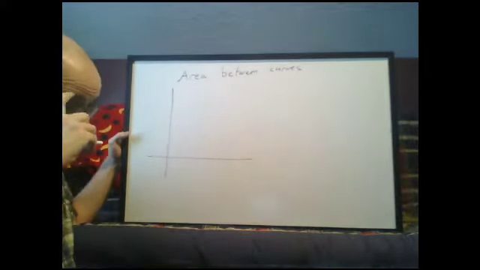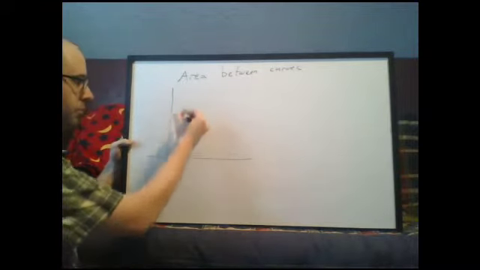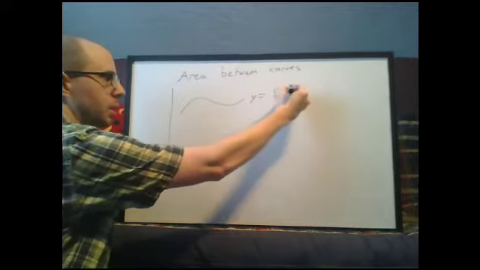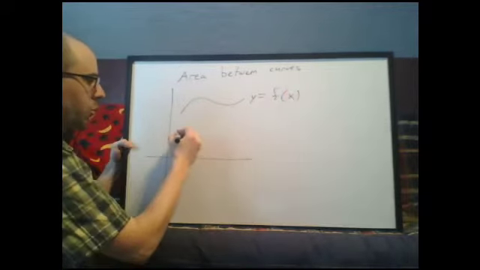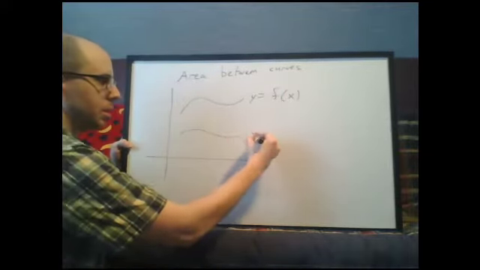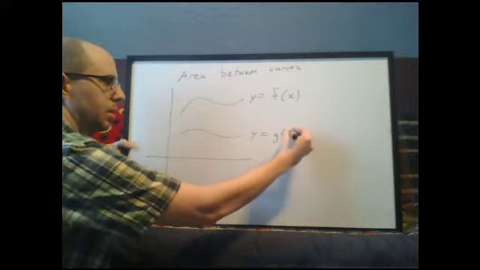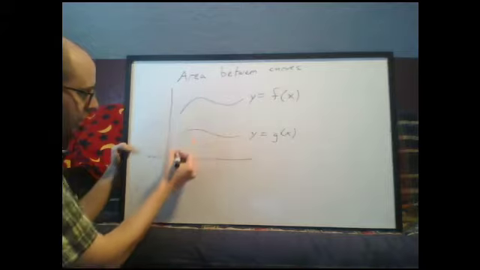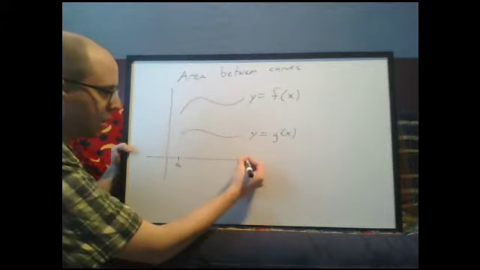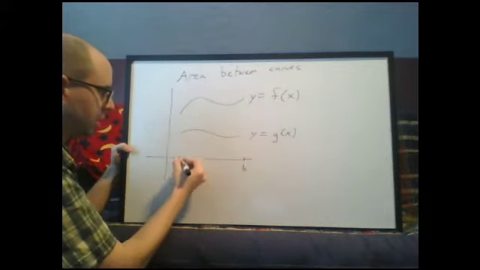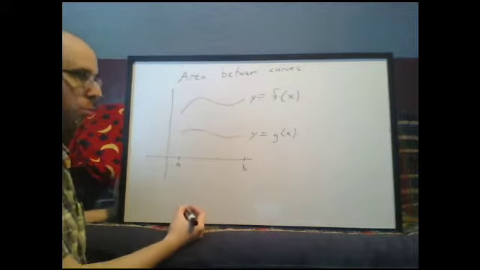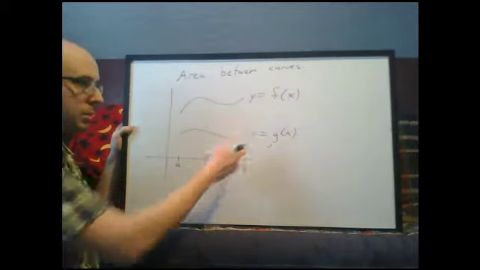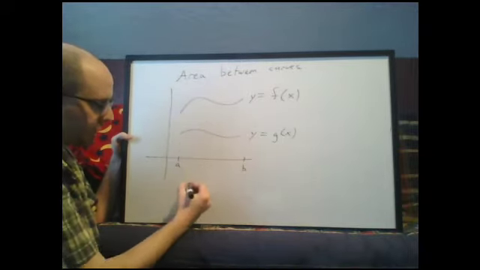Alright, so we have a couple of functions, y equals f of x and y equals g of x. And between two x values, say a and b, we're assuming, for the purpose of this picture, that f of x is greater than or equal to g of x on this interval.